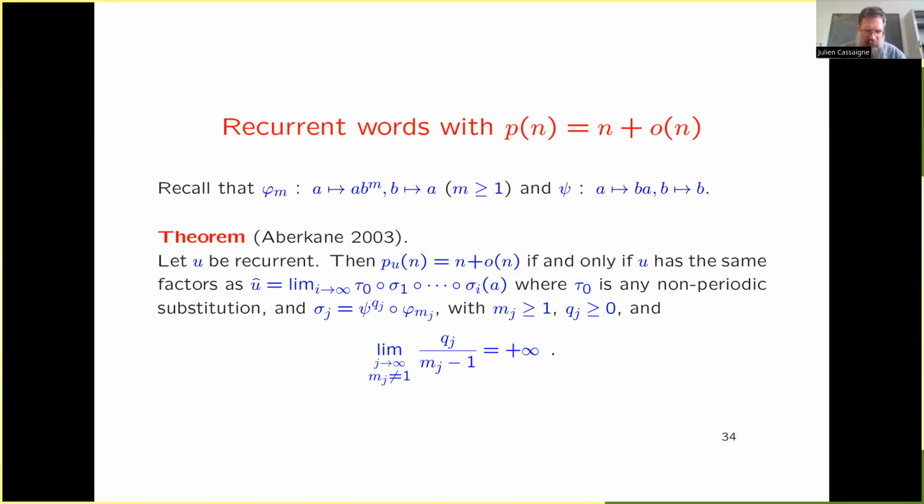Well, this is what I said at some point, that if you do the Sturman evolutions, that's the psi, then you will reduce alpha, and if you do the non-Sturman evolution, so the phi m, then you will increase beta, and so they move in opposite ways. And if you do psi a big number of times, then you will reduce everything. And if this q_j grows faster than m_j, in the end, the limit will be 1.